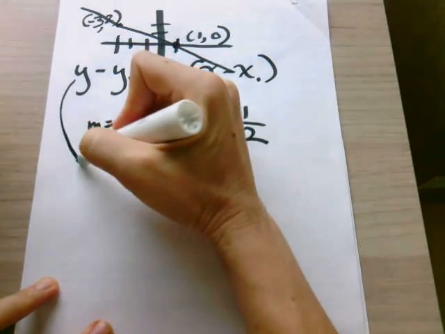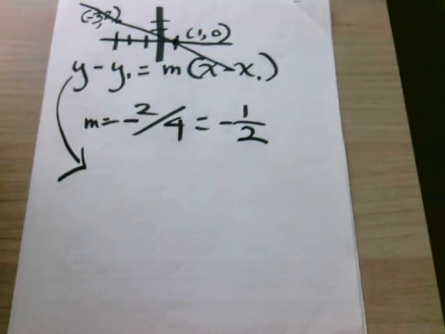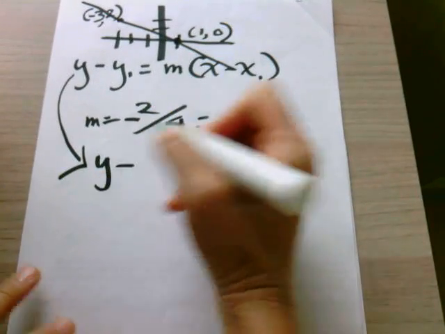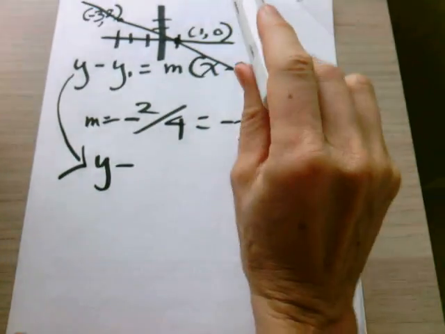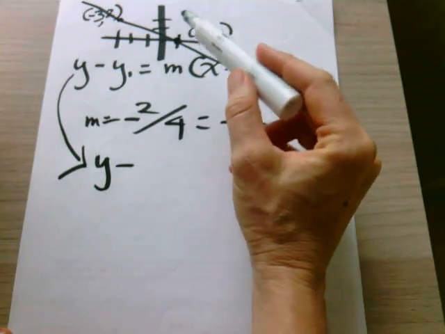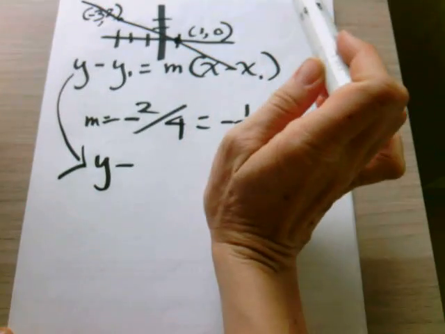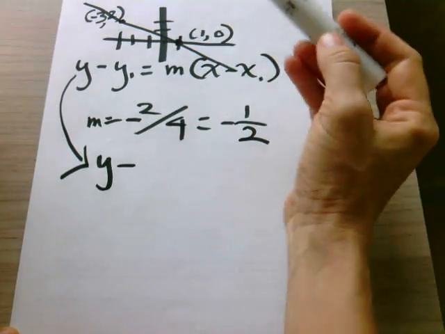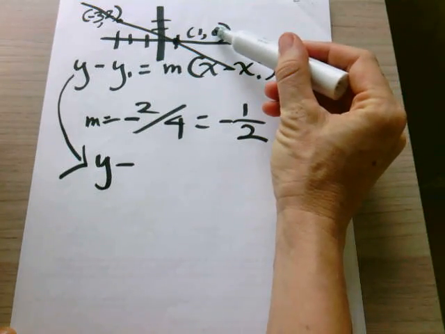So let's come up with our equation. Y minus, what point should we use? Let's use this point. Okay, so the y is 0.